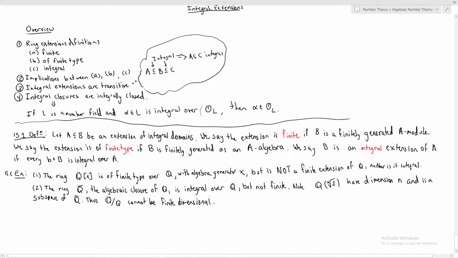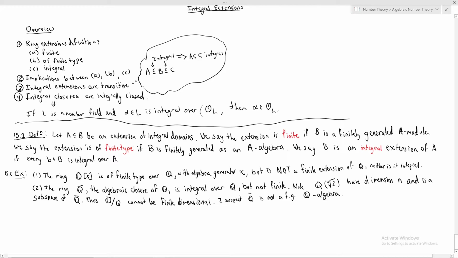I'm not entirely sure, but I suspect Q bar is not finitely generated as a Q algebra. This could be wrong. It's kind of an interesting question, but I'm not going to think about it now. So these two examples really show you that these conditions are all somewhat distinct.